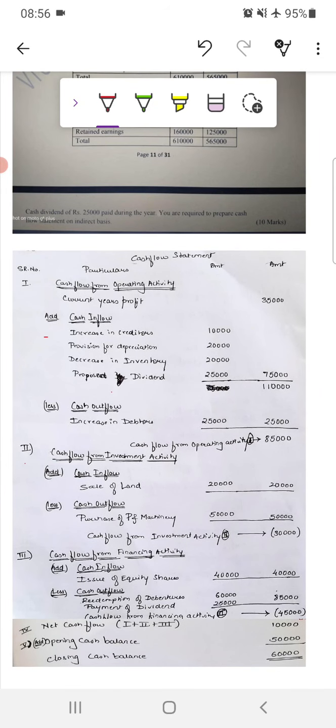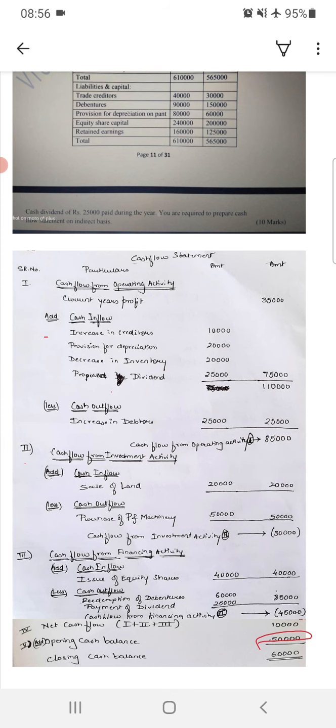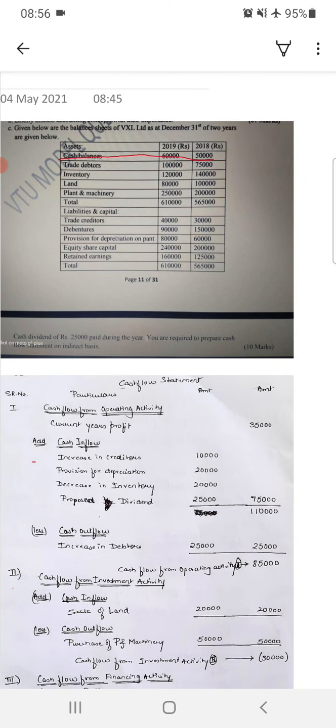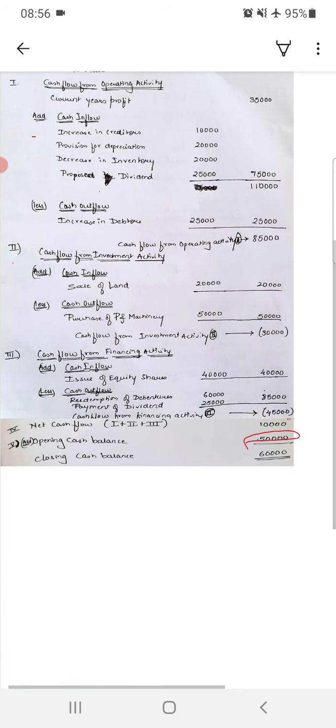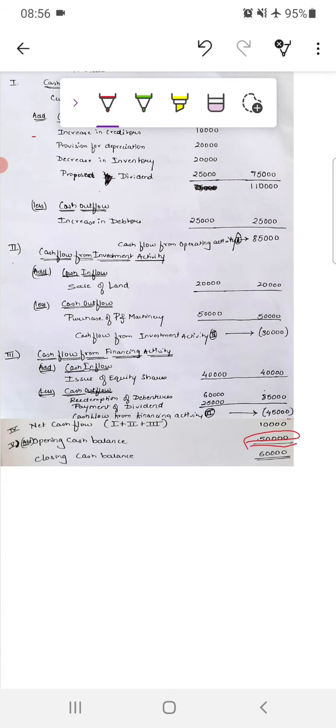You have to consider the opening balance of cash. Now what is the opening balance of cash? If you just go back, opening balance of cash is for 2018, it is 50,000. So we have to consider 50,000 as opening balance of cash here.